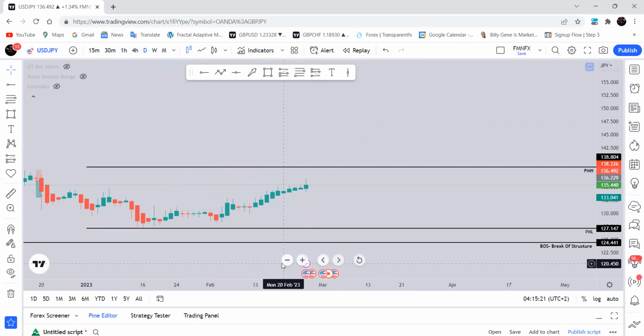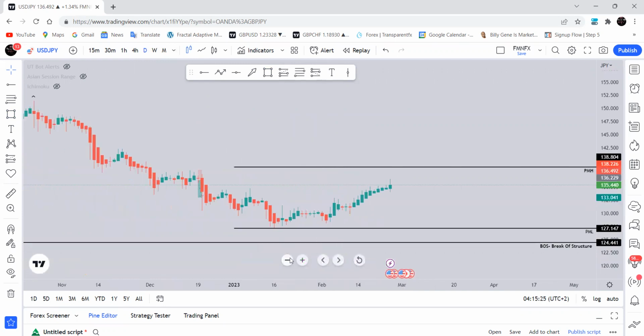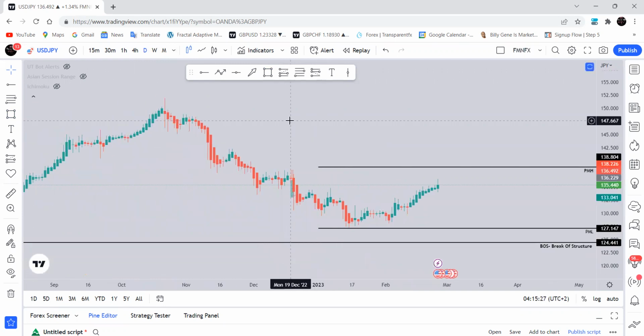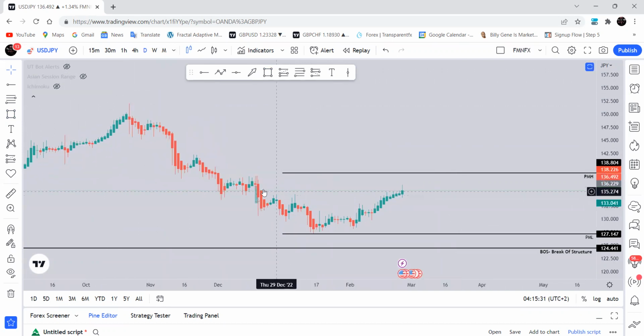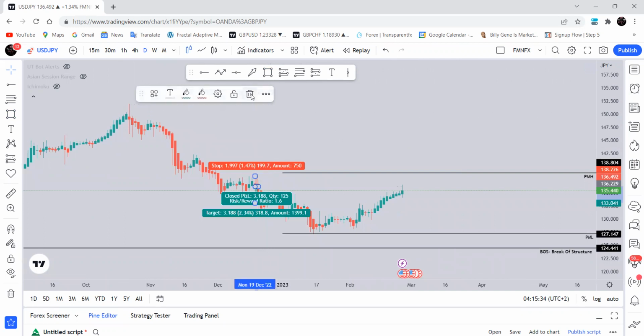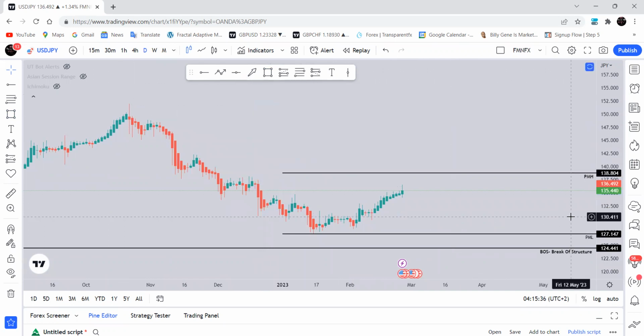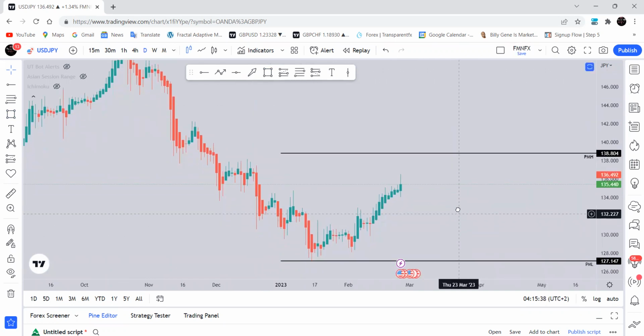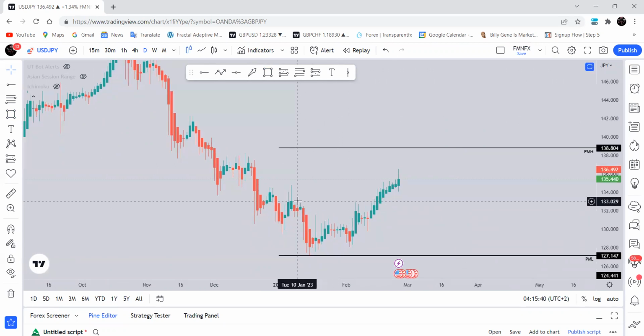Bullish. So directional bias is a buy. I hope you see that. Doesn't take a rocket scientist to see that. Let's delete that old sell trade. All right, and we've already broken above structure. We've already broken daily structure.